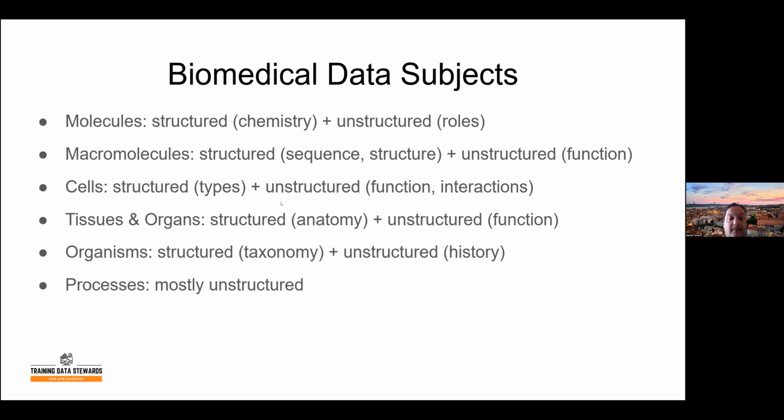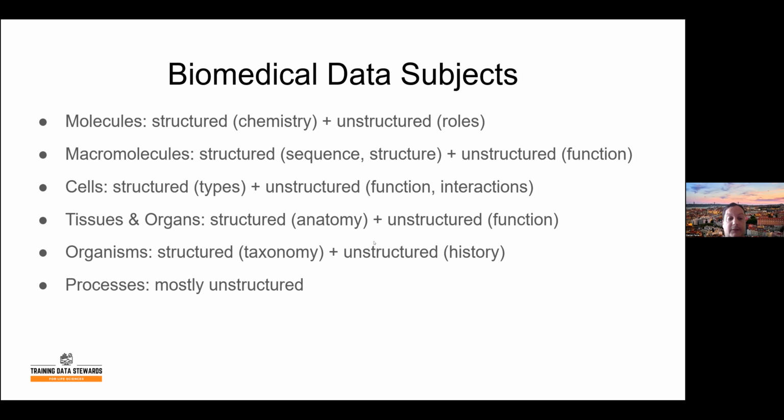And then when we talk about the functions and interactions of the different cells, this is very deep information that requires natural language to fully capture. And the same thing across the levels. For tissues and organs, we can structure easily the anatomy. There are controlled vocabularies for anatomy, for example, and compendiums of anatomy. But then when we talk about the functions of organs, and the interactions of organs, it becomes very deep information that is difficult to structure.